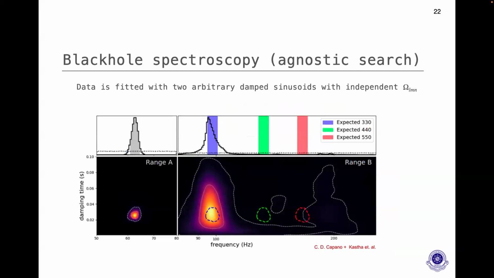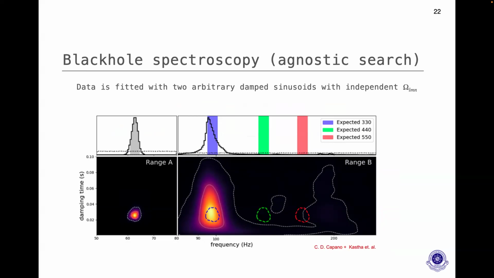Before going into any modeling, we tried to fit the data with two simple damped sinusoids. We don't know anything about the Kerr black hole or Kerr spectrum. We just fitted the data with two damped sinusoids signified by frequency and damping time, and we plotted our result. So we found a blob in range A, where the frequency is about 60-ish. We found a second blob where the frequency is roughly about 90 to 100 hertz.